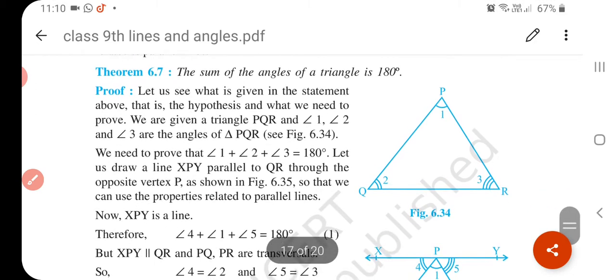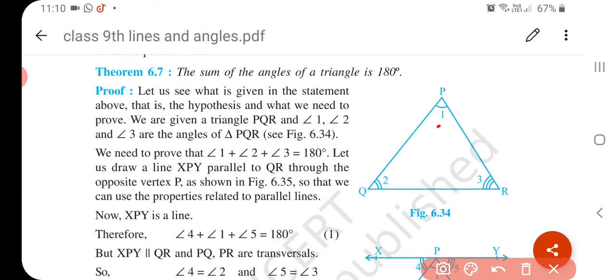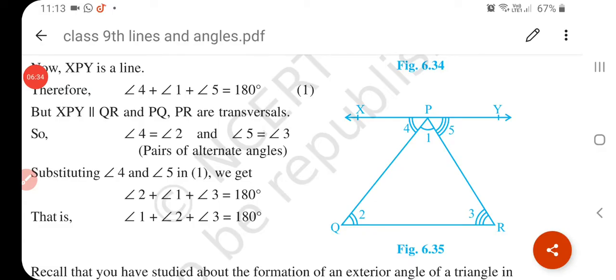Now we have to prove that the sum of the angles of a triangle is 180 degrees. Let us see what is given in the statement above. This is our theorem 6.7: to prove the sum of angles of a triangle is 180 degrees.